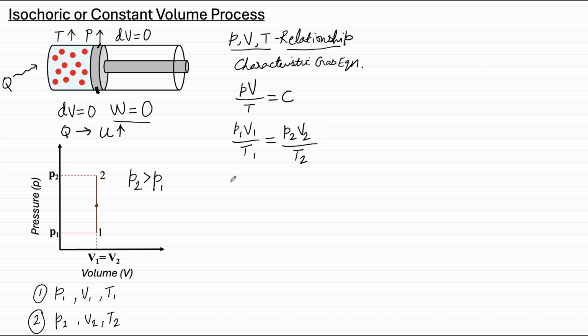Since the process is a constant volume process, volume 1 and volume 2, that is volume at state 1 and volume at state 2, are the same.